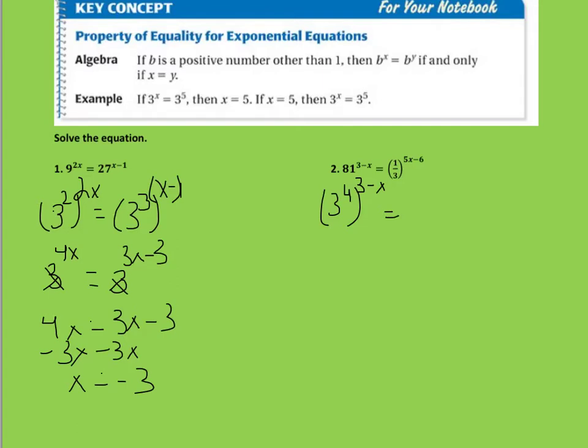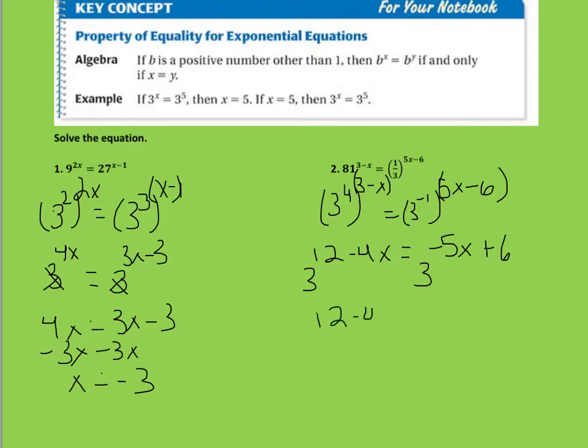But 1/3 is the same thing as 3 to the negative 1. 5x minus 6. So just power to a power, we multiply. So you got to distribute. So I get 12 minus 4x equals 3 to that, equals 3 to the negative 5x plus 6.